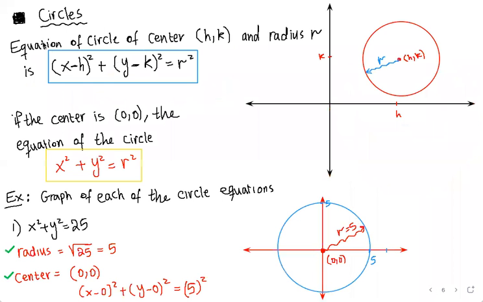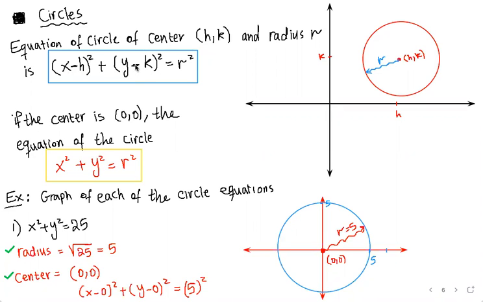So go back to the equation. The equation of a circle with center (h, k) and radius r is (x minus h) squared plus (y minus k) squared. Here h is positive and k is positive, but when you plug into the equation, it is originally x minus the x coordinate of the center plus y minus the y coordinate of the center.